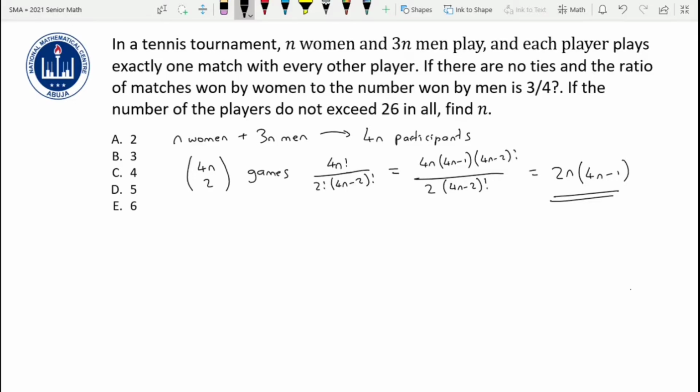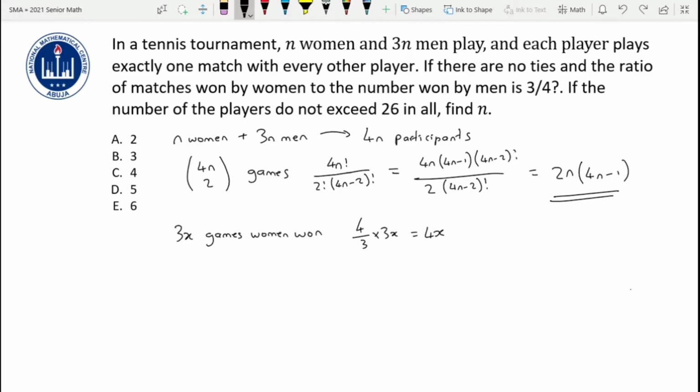We're told that there are no ties and the ratio of matches won by women to the number won by men is 3/4. So let's say that there were 3x games won by women, and the number of games won by men is going to be 4/3 times 3x, which is 4x, since the ratio is 3/4.